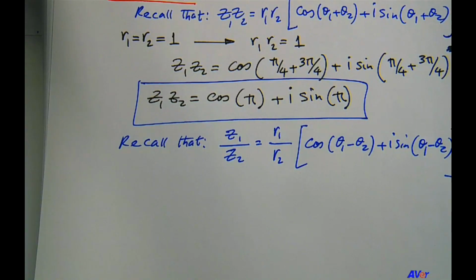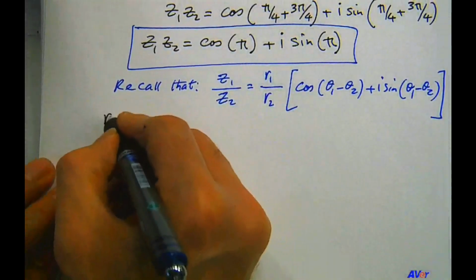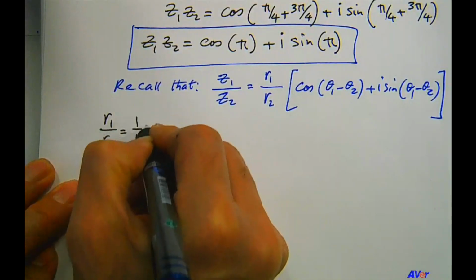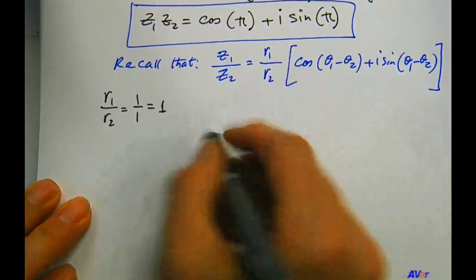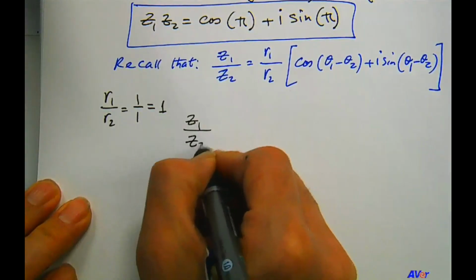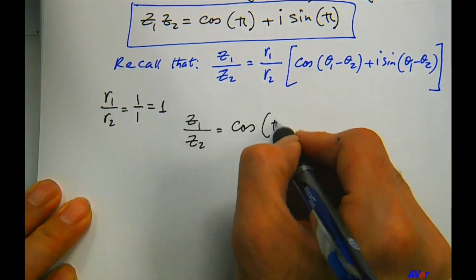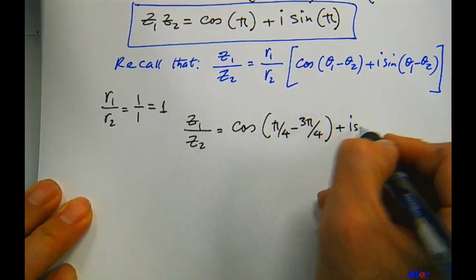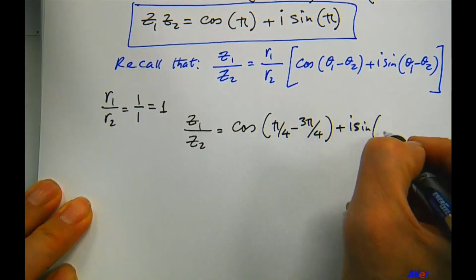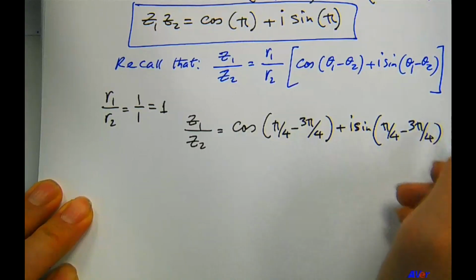So let's plug in. r1 over r2 is equal to 1 over 1 equals 1. We know that. Therefore, z1 over z2 is equal to cosine of pi over 4 minus 3 pi over 4 plus I sine of pi over 4 minus 3 pi over 4.